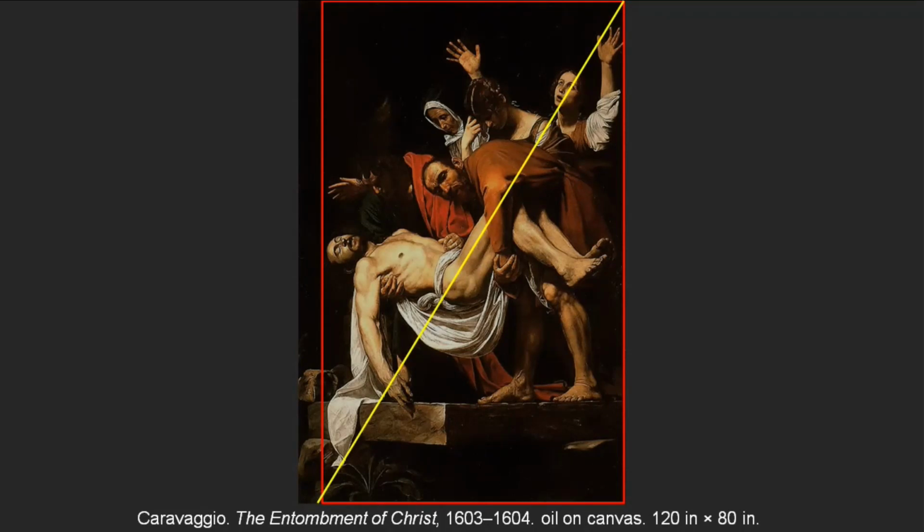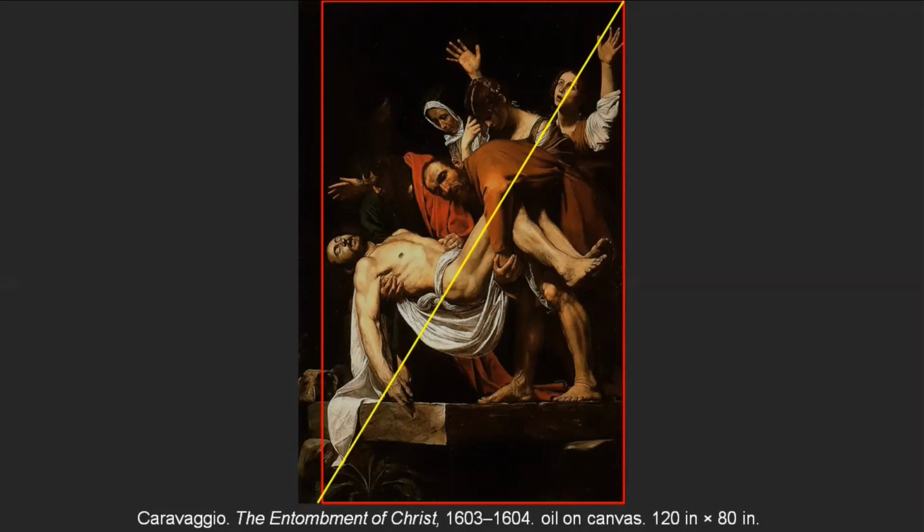In the bottom left corner, the shawl that is covering Christ's body rests on the diagonal, as does his hand. And moving up from there, you can see that his thigh is directly parallel with this diagonal movement, which moves up and through the eyes and hand of the grieving person in the back.